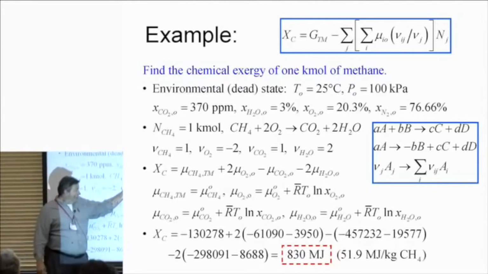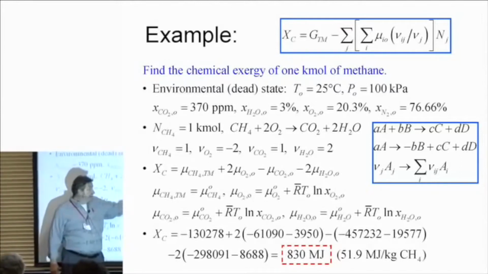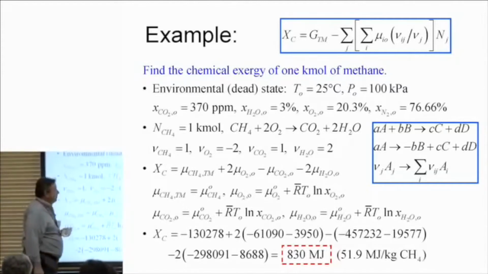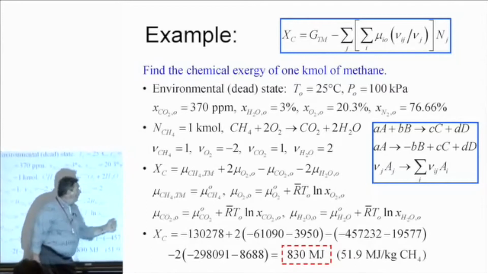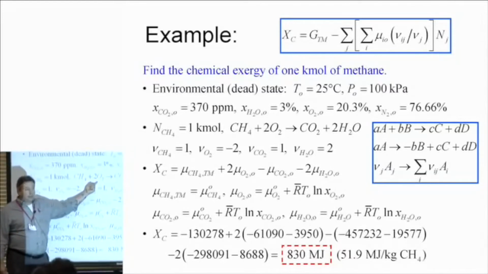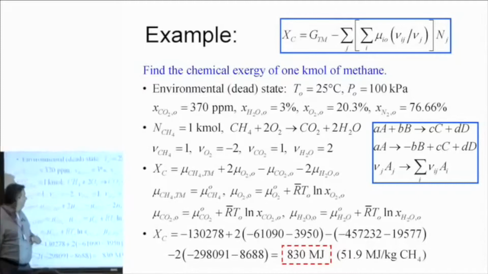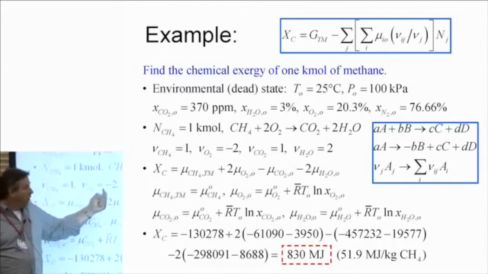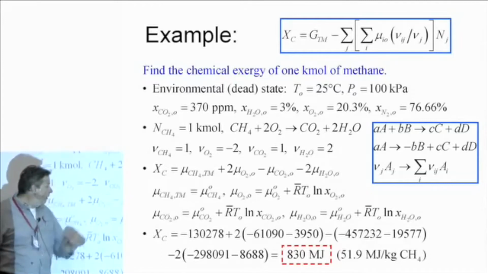Methane will take 2 moles of oxygen, make a mole of CO2, and make 2 moles of water. In that transformation, it's going to get this oxygen from the outside world. That's going to put a minus sign on its stoichiometric coefficient. So nu is 1, minus 2, 1, 2.